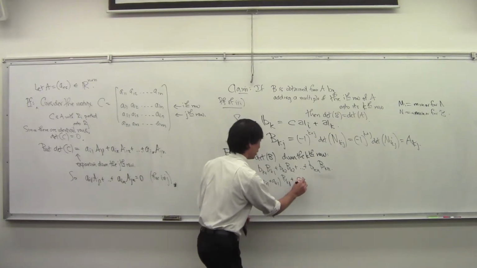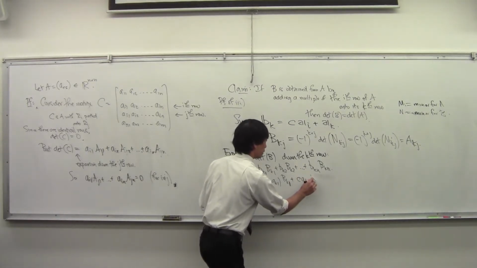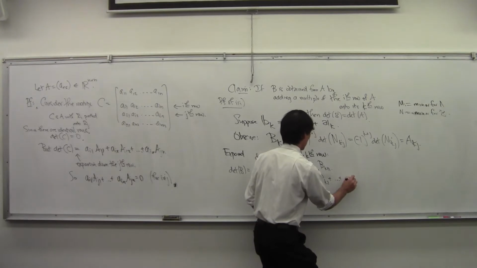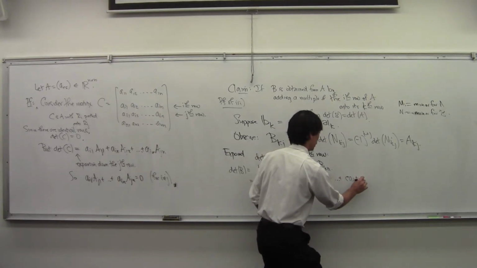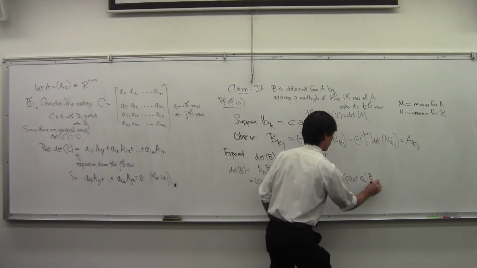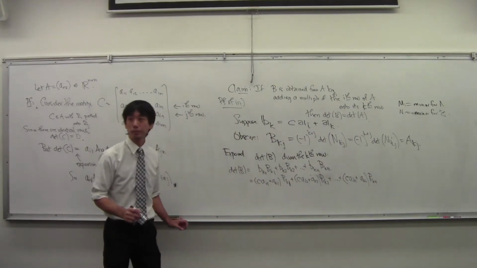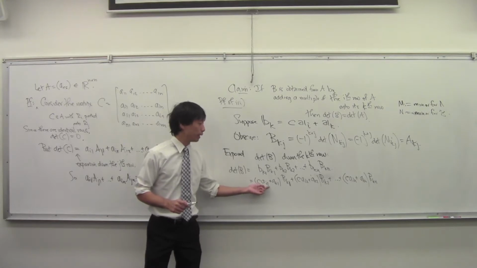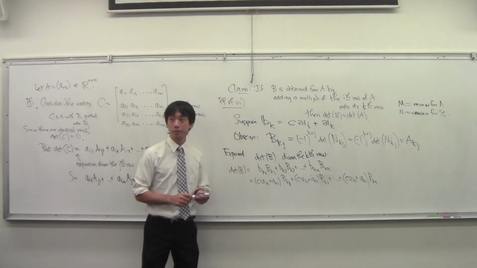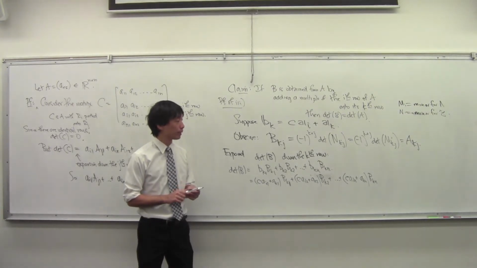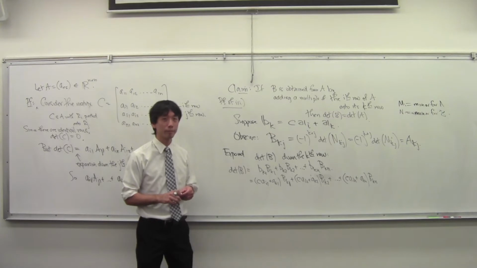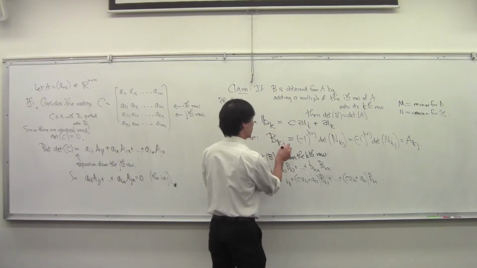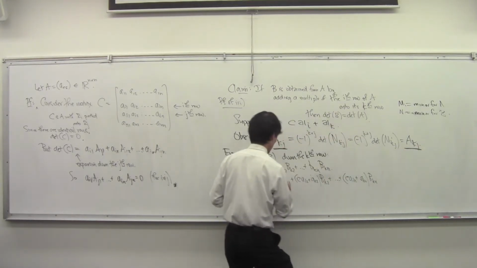It's going to be C AI2 plus AK2. And so on, up to C AIN plus AKN, because the kth row of B is C times the ith row of A plus the kth row of A. Let me switch these B's to A's, because we already said before that the cofactors are the same. I'm going to call these guys A's, sorry.